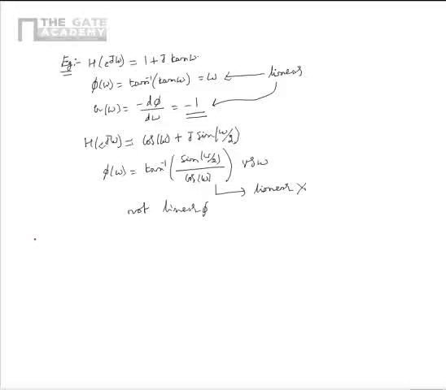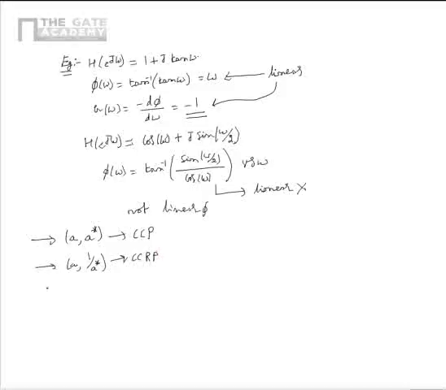Also, please note that there is a property of the linear phase system that we are going to talk about. Before that, suppose A is a complex number, then the pair A comma A star is called complex conjugate pair. Similarly, if A is a complex number, the pair A comma 1 by A star is called complex conjugate reciprocal pair.